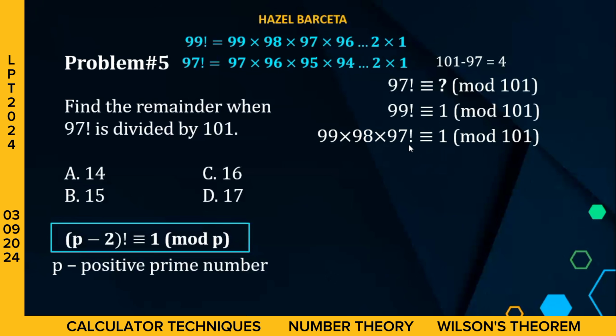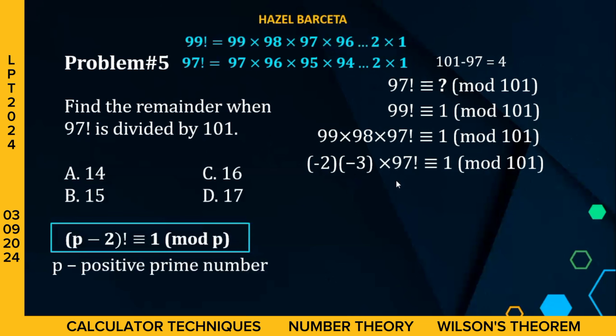Ayan, nakita na po natin ang 97 factorial. But our problem is we must eliminate 99 and 98 para maiwan ang ating 97 factorial. Ito po. 99 minus 101, we have negative 2. 98 minus 101, we have negative 3.